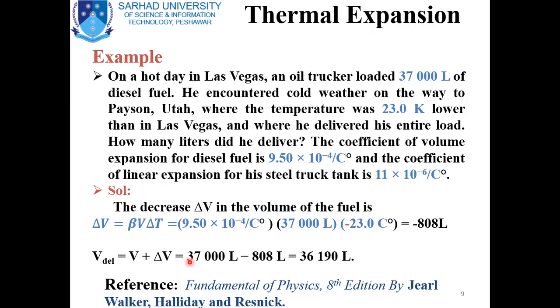So 37,000 liters is the initial volume and the change in the volume is 808, and we put the negative sign because the volume is reduced, and the delivered volume of the fuel is 36,190 liters. Now the question is, who paid for the missing diesel fuel?